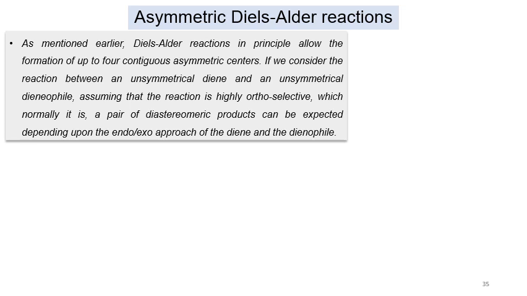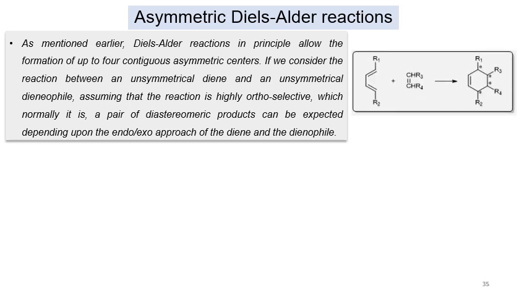As I had mentioned earlier, the Diels Alder reactions allow the formation of up to 4 contiguous asymmetric centers. So if we consider the reaction between an unsymmetrical diene and an unsymmetrical dienophile, if the reaction is ortho selective, then a pair of diastereomeric products can be expected, depending on whether it is an endo or exo approach of the diene and the dienophile.